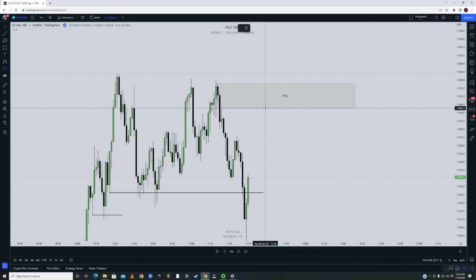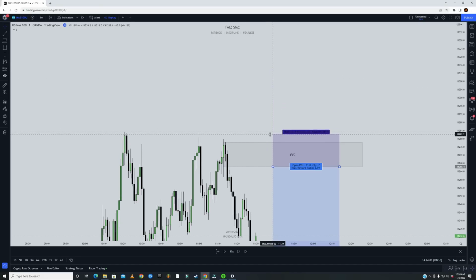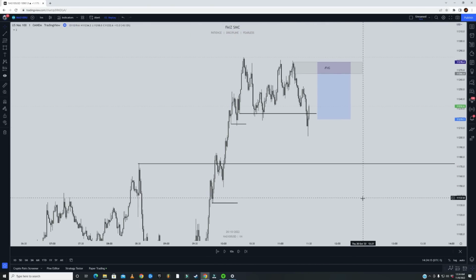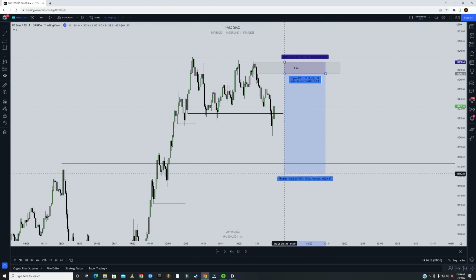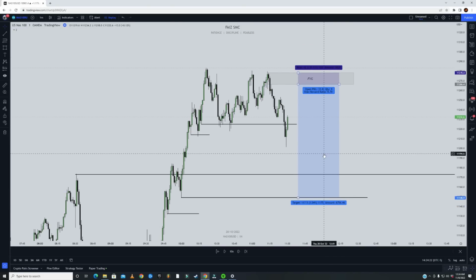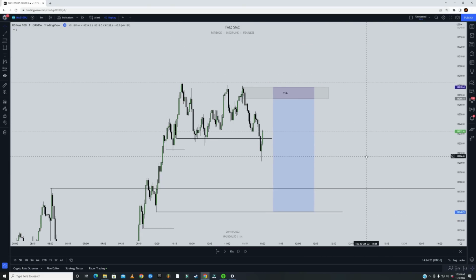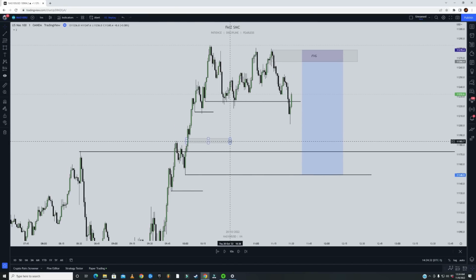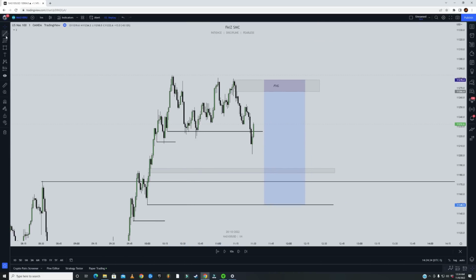We take our entry here, put our stop loss right above this level, above the candle or body, and I would take my profit at this level, right? This would be a 9.79 risk to reward trade, but bear in mind that I would take some partials on this fair value gap, right? And I would also take some partials when this structure is broken.